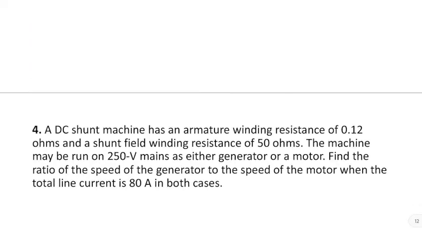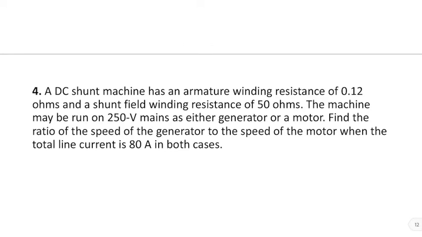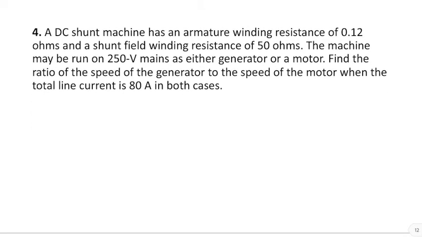Now let's move sa atong fourth na sample problem. So a DC shunt machine, so wala gi-specify kung generator or motor siya, has an armature winding resistance of 0.12 ohms and a shunt field winding resistance of 50 ohms.